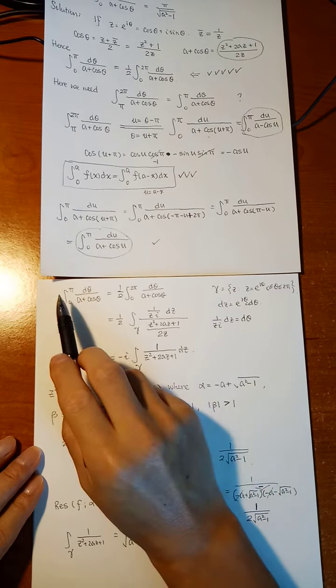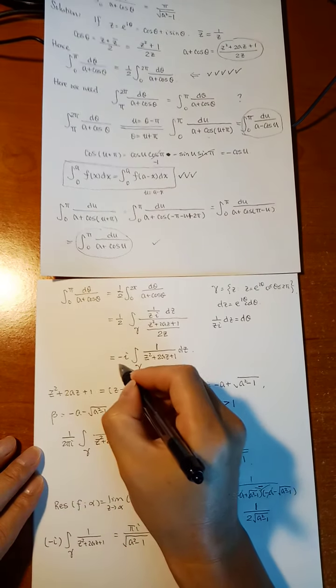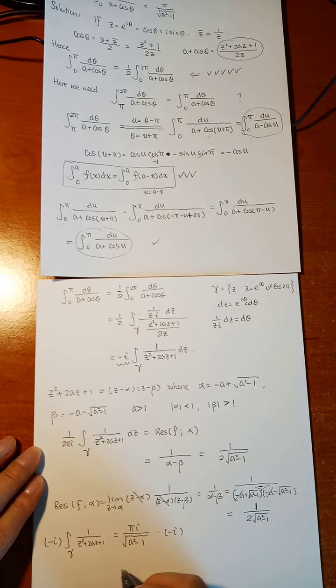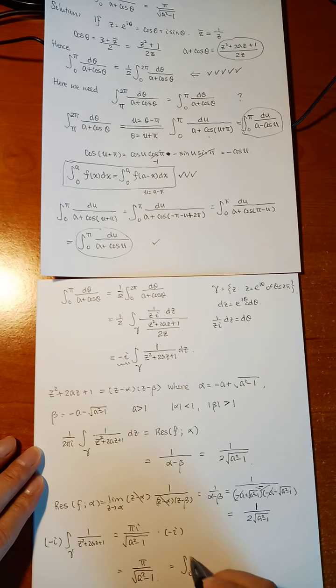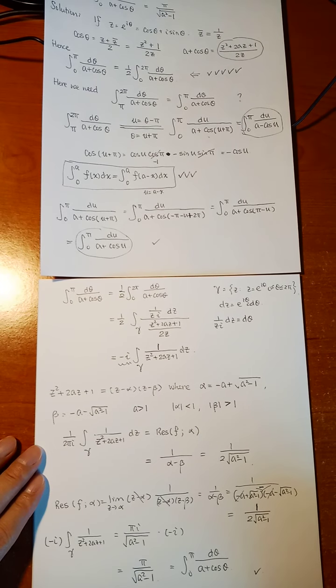And then we need to multiply by negative i. Negative i times i is positive 1, my bad. So it's pi over square root of a squared minus 1. So this is the integral from 0 to pi d theta over a plus cosine theta. All right, so we proved it.